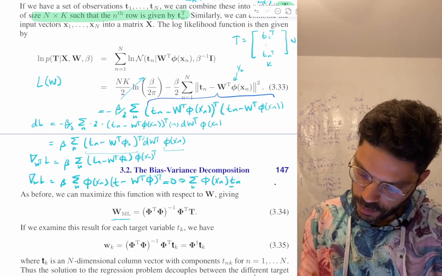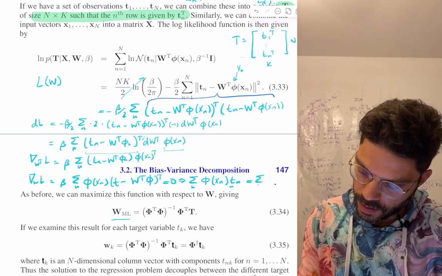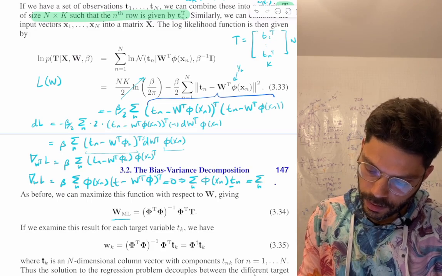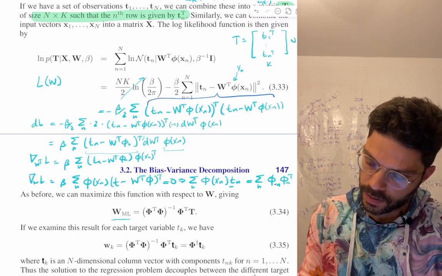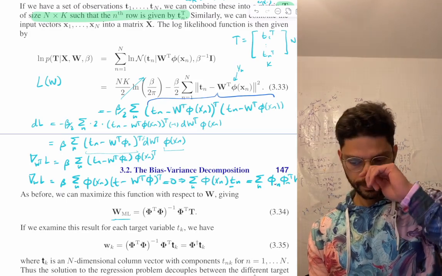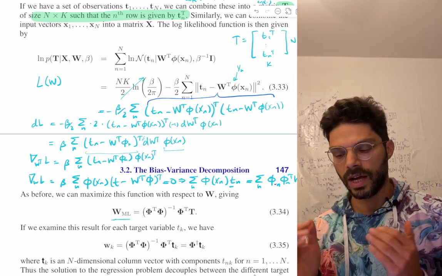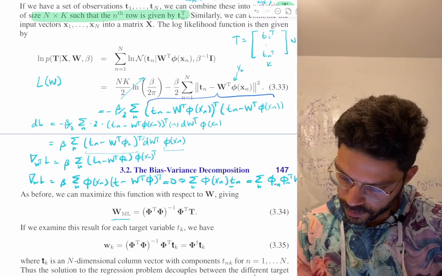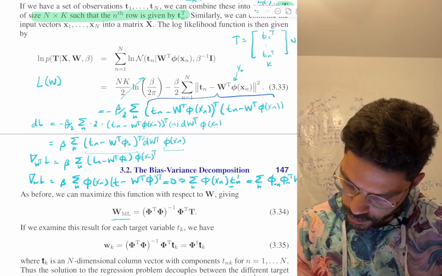And this is going to equal the sum over n of phi of n times phi of n transpose w. So now what's the very next step? I'm sorry, I believe this should be transpose.